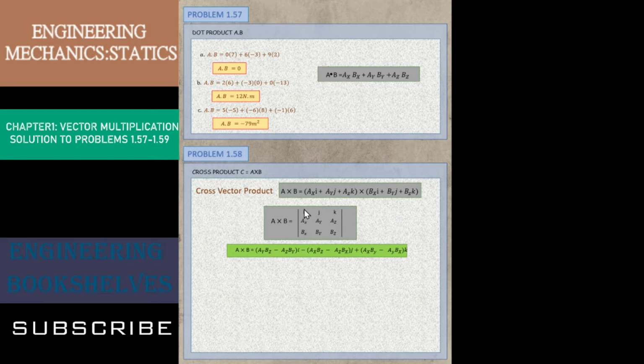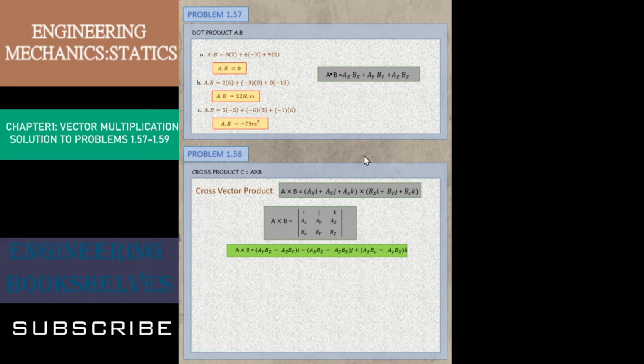That is for i. And for j, cross multiply the columns i and k: Ax times Bz minus Az times Bx. And then for k, plus Ax times By minus Ay times Bx.